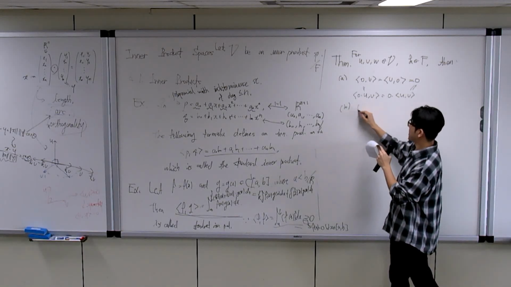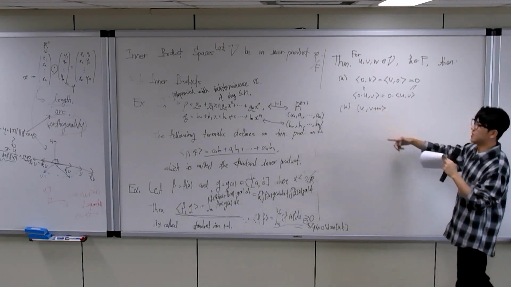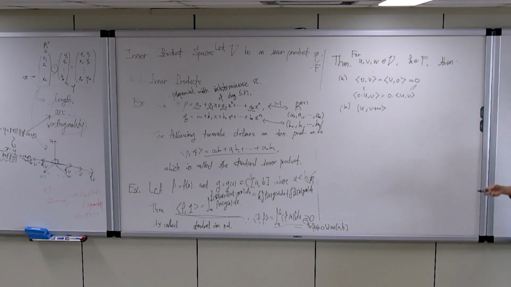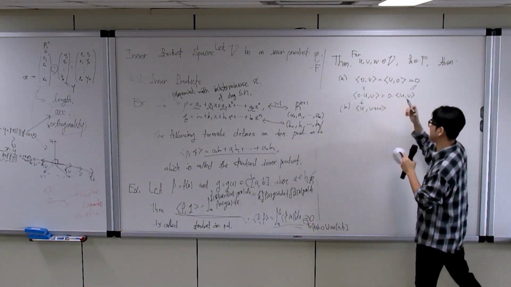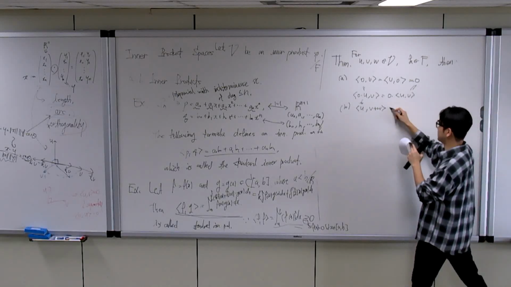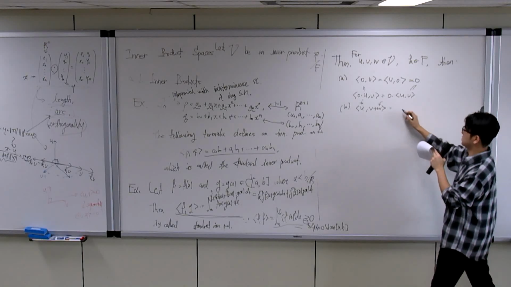And I explained already we give the axioms for the first vector of the inner product, but the symmetry gives the linearity to the second vector.